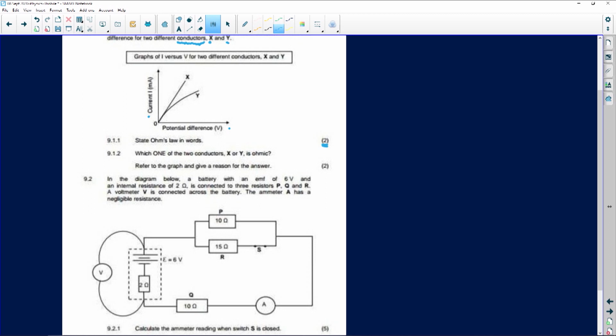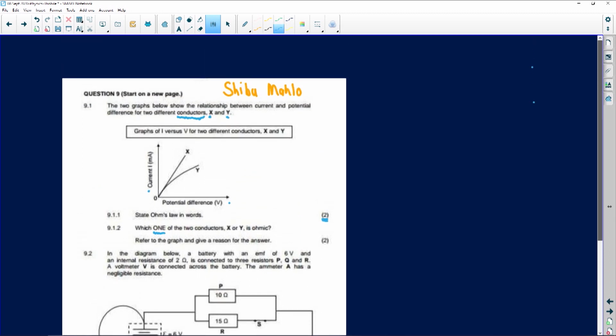Then it says, which one, don't say X and Y, my darlings, which one of the two conductors, X or Y, is ohmic? We must refer to the graph and give a reason for your answer. Now, something we need to know when we talk about Ohm's law, it's directly proportional. If something is directly proportional, it means if the one increases, the other one also increases.